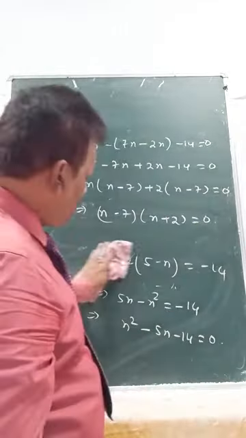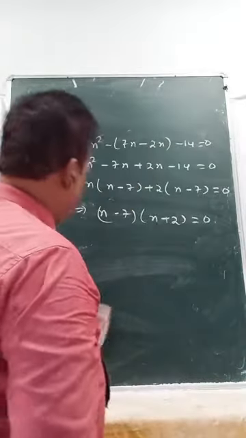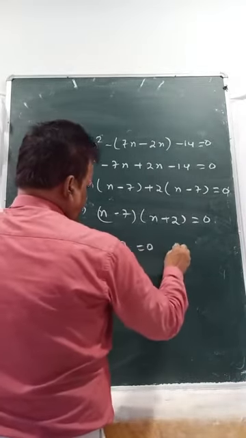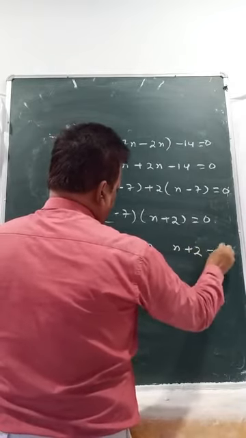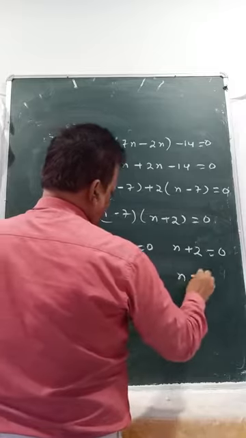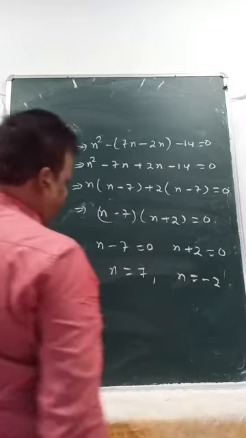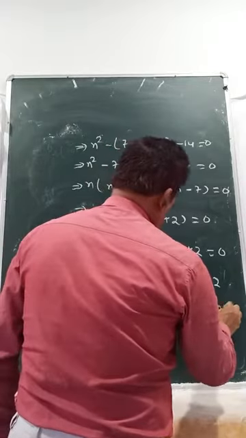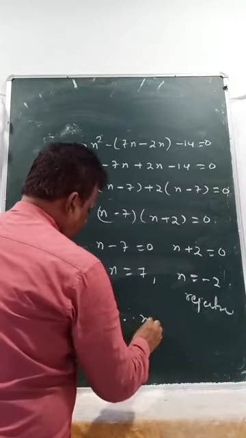Okay, then what did you get? n minus 7 equals 0, n plus 2 equals 0. n equals 7, n equals minus 2. This one is rejected. Therefore n equals 7.